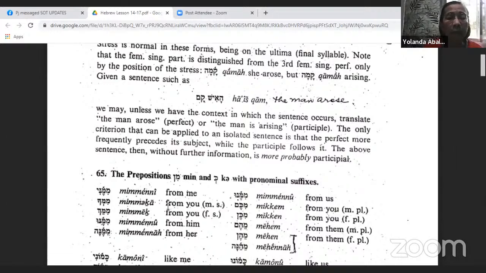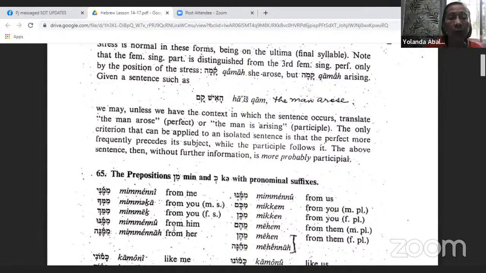Mimena, from her. Mehen, from them, the women. So it's either mimena and mehen, or mehenna.